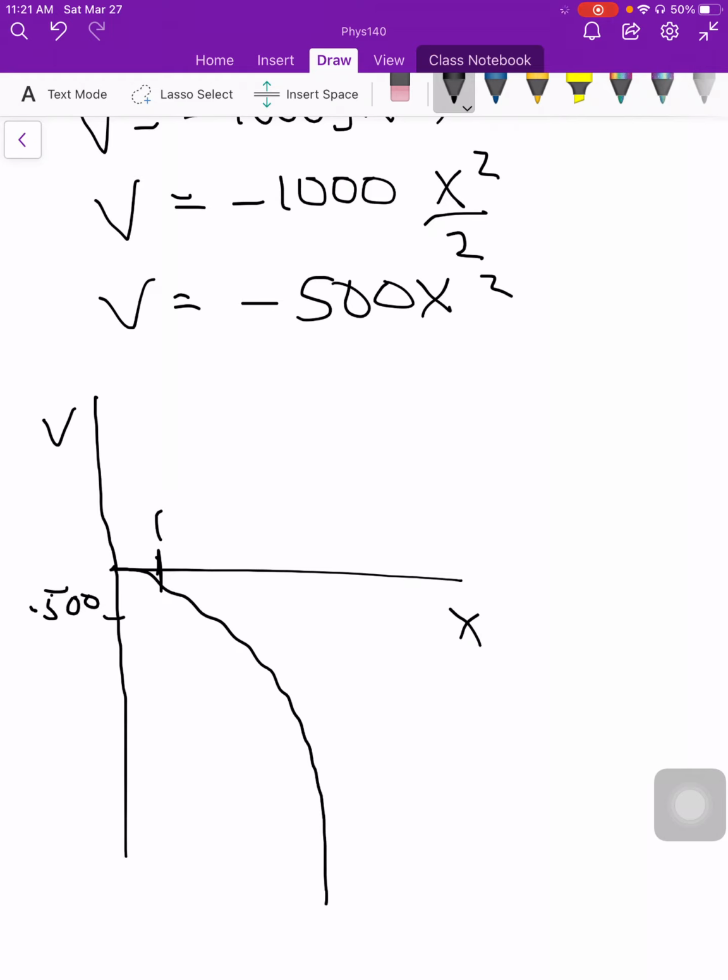As when I plug in x equals 2, then I'm going to have 4 times 500, which is like 2,000. So maybe I should make my 2 a little bigger. Let's say that's my 2, and this is like that's 2,000. And then it's just going to get bigger and bigger in the negative direction.